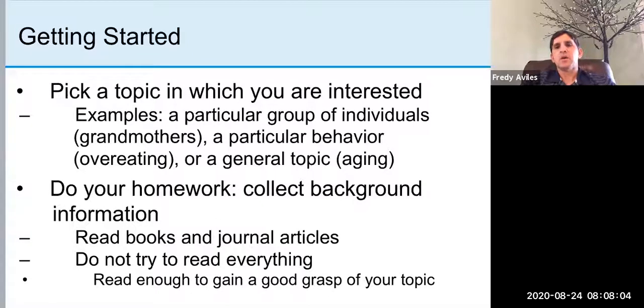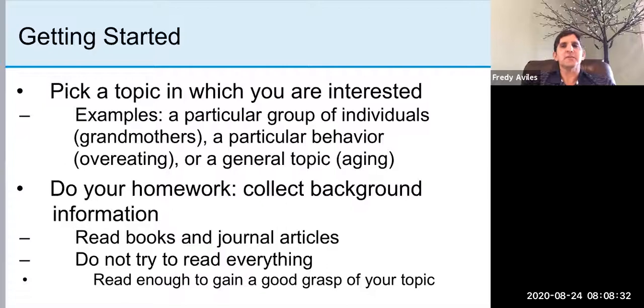Or maybe a particular behavior like overeating, or maybe drinking, smoking weed, whatever it is. I do want to point out that you're not really going to call it weed when you search for stuff, but that's what people call it in the vernacular, street language, so to speak. It could be a general topic like aging, it could be autism or something else.